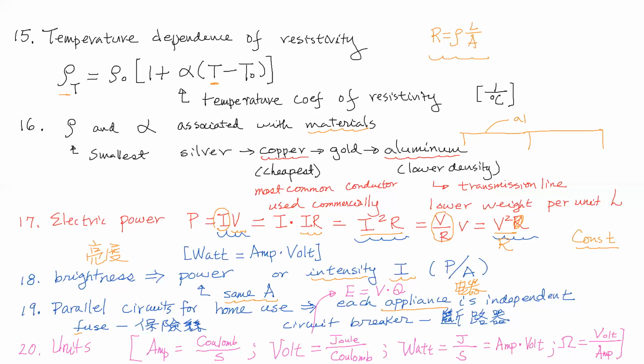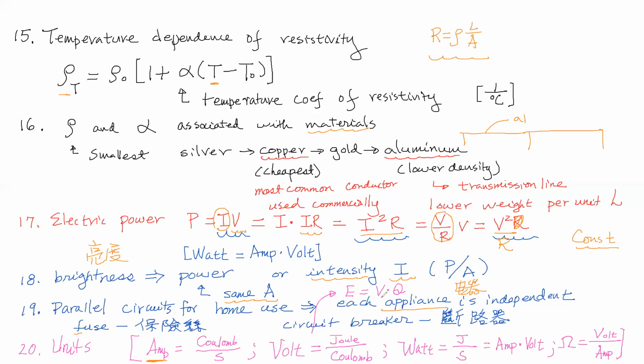20, the units. So ampere is for current, coulomb is for charge. So coulomb per second is ampere. Volts is for voltage, electric potential. Joule is for energy. So energy, E, is V times Q. So V is energy per charge.